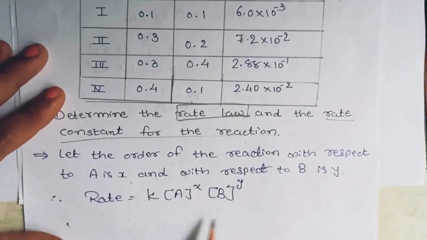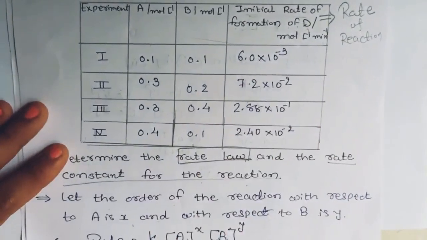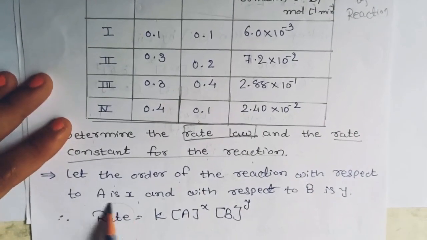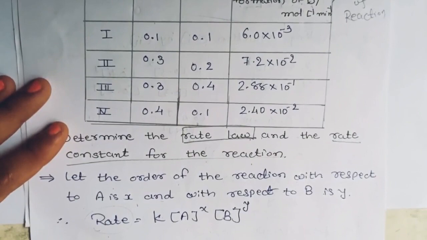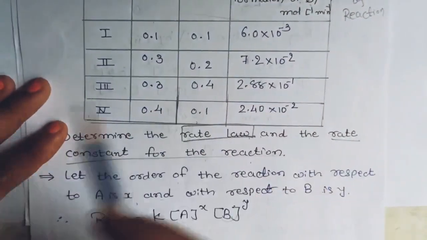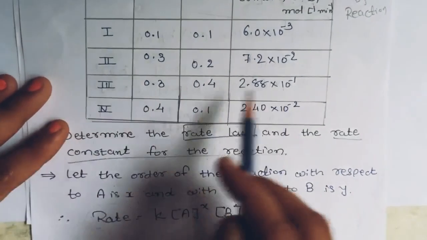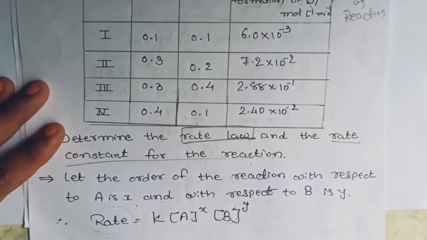And from this equation you have to form 4 different equations, because you can replace the value of the rate which is given in the table. Similarly, you can replace the concentrations of A and B which are also given in the table, right? So you will get 4 different equations from this table, and after that you have to divide any 2 equations.